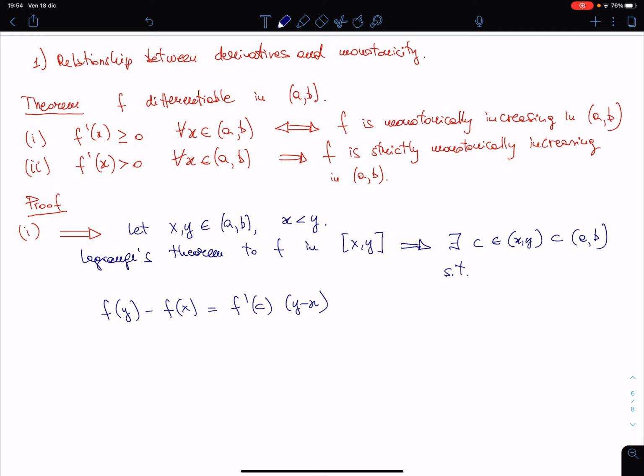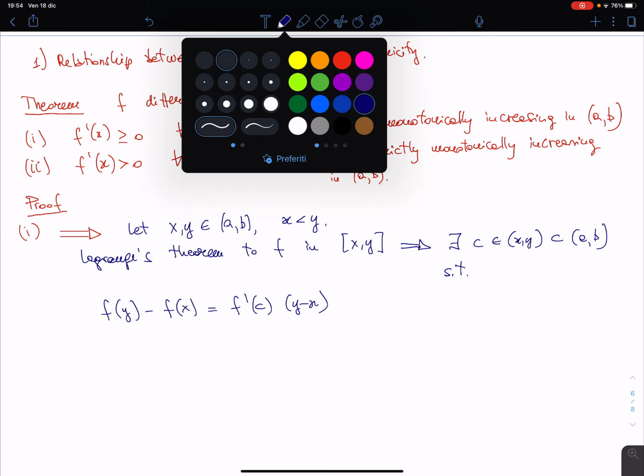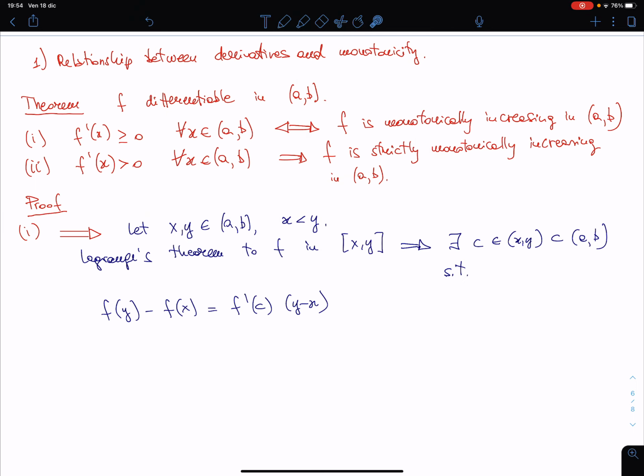Okay, now, since c is in AB, we are in the first point of the theorem, so the derivative is non-negative, so larger than or equal to 0, while y minus x is larger than 0, so this quantity is not smaller than 0. That implies that f of y is not smaller than f of x.